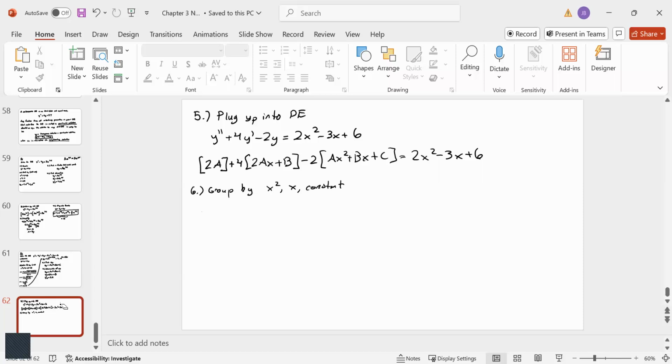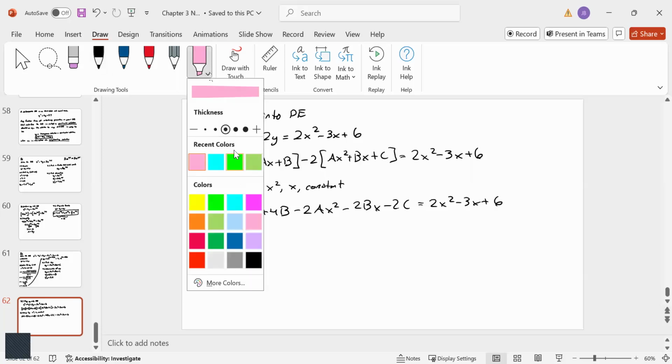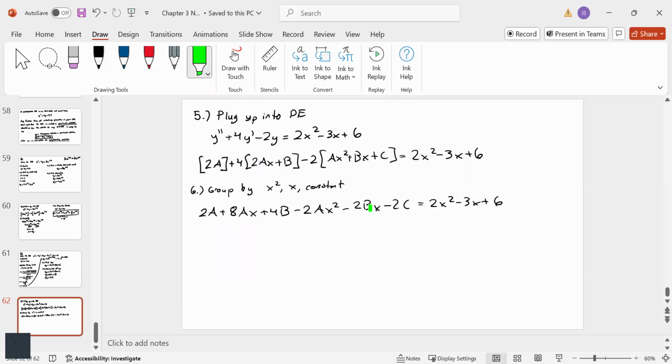So we're going to FOIL 2a plus 8ax plus 4b minus 2ax squared minus 2bx minus 2c. Making sure I didn't miss one. Yep. Equal to 2x squared minus 3x plus 6. And so if we group everything up by the correct variable, and we'll even use a little bit of color here, all of the x squared terms are right here.